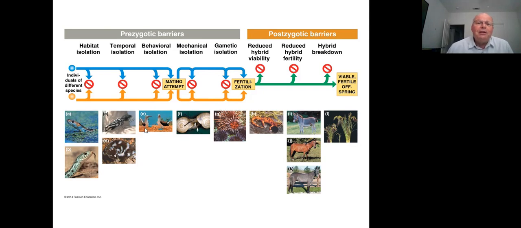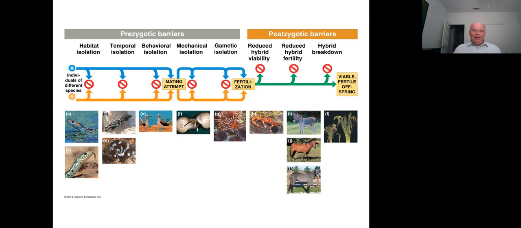So we do have these other species definitions, and as you can see, a number of these can be applied not just to sexually reproducing organisms, but also to asexually reproducing organisms. So this is why we can talk about species of bacteria, because we have some definitions that can be applied to asexually reproducing species and allow us to identify species that don't reproduce sexually.